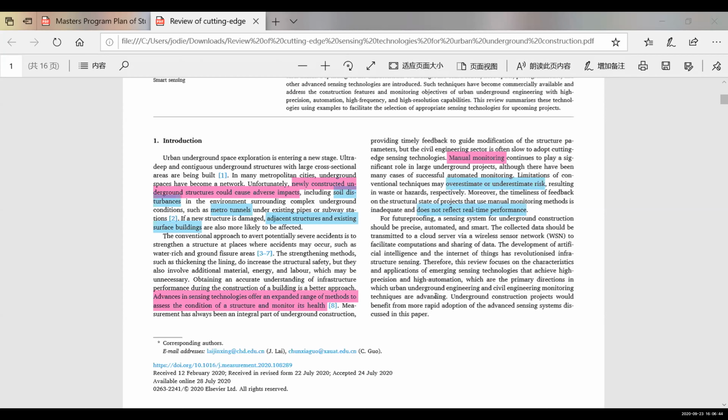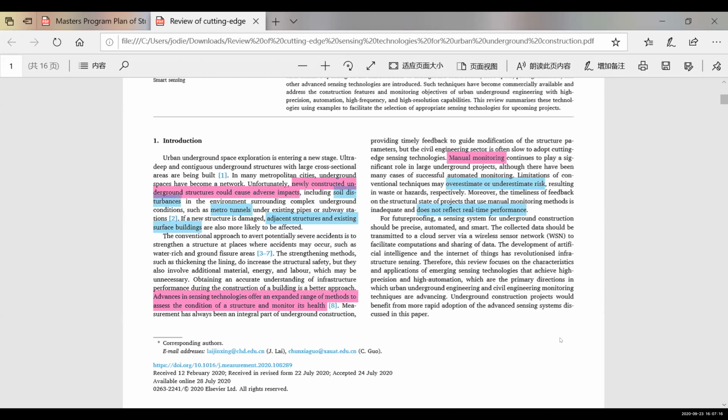The newly constructed underground structure could cause adverse impact, including soil disturbance, such as metro tunnels under existing pipes or subway stations. And if the underground structure is damaged, adjacent structures and existing surface buildings could also be affected. The building could crack or even collapse.